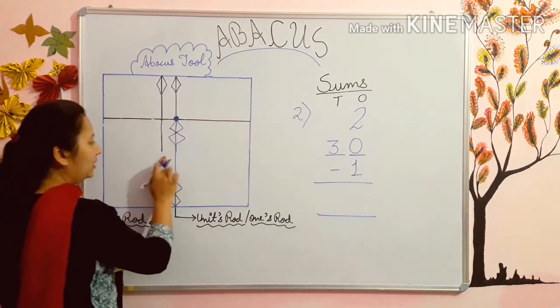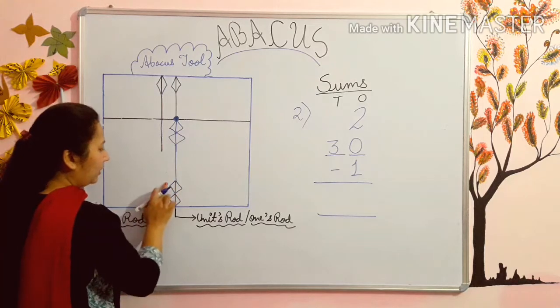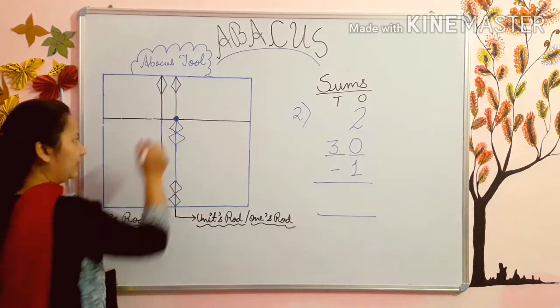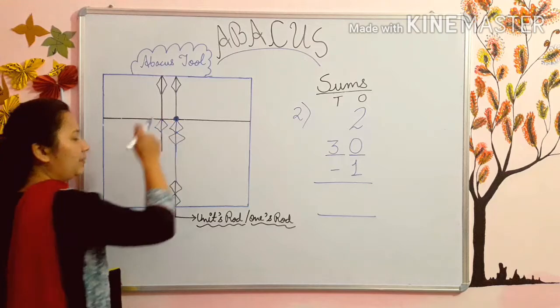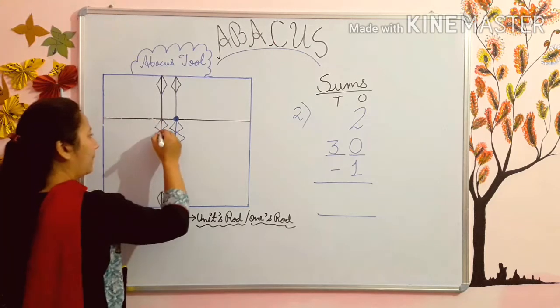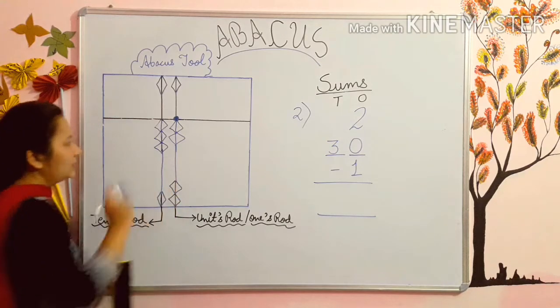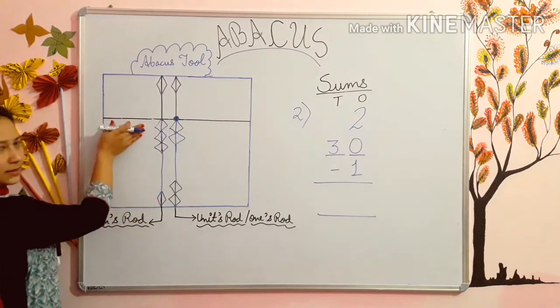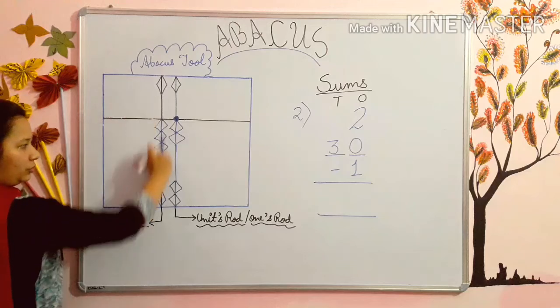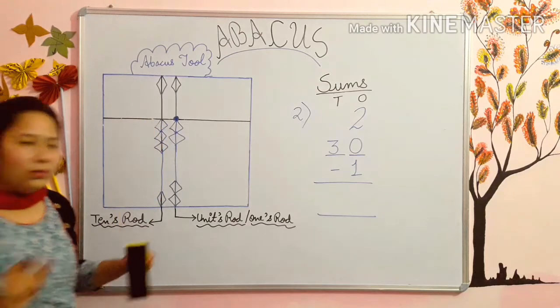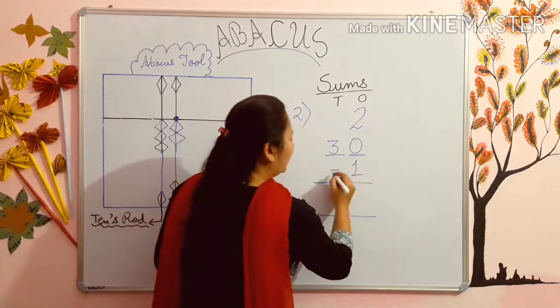So I will put 3 now. No sign means add. So for add you have to put the beads up. See kids, I have put the 3 beads up. 1, 2, 3. Now the last is minus 1.